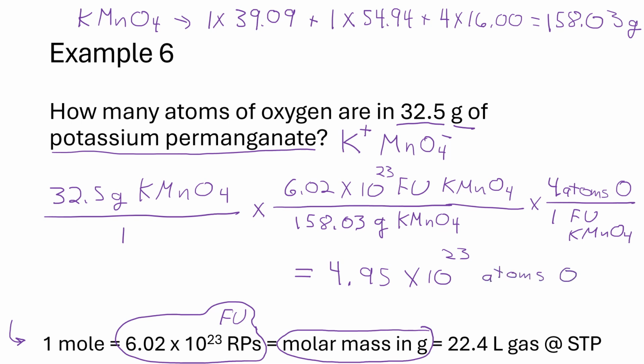Let's make sure everything cancels out. Grams of potassium permanganate cancel grams of potassium permanganate. Formula units of potassium permanganate cancel out formula units of potassium permanganate. So yeah, all that looks good.